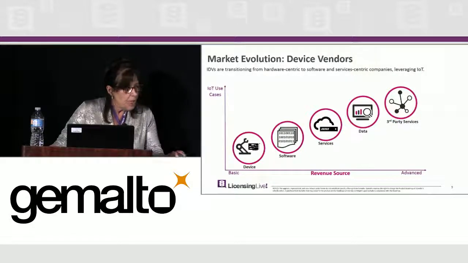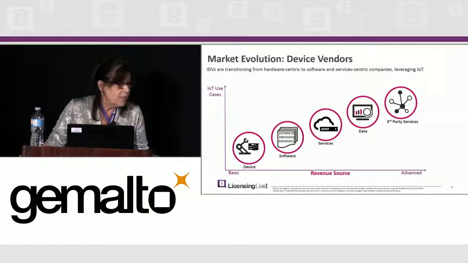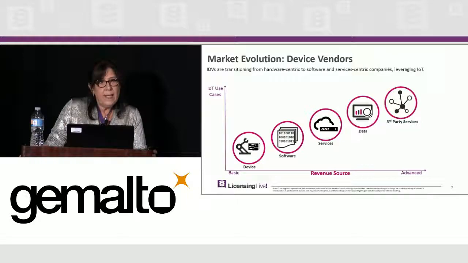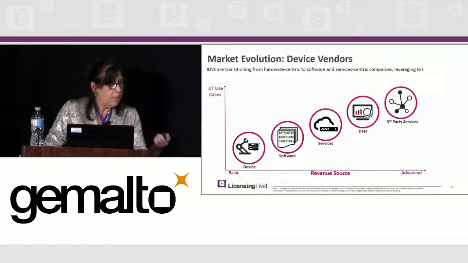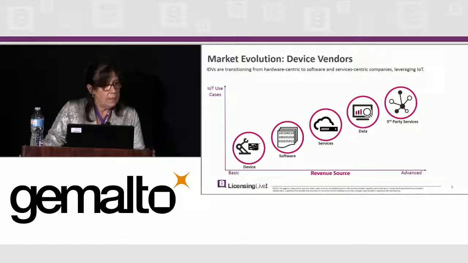So if you look at the chart, revenue initially comes from selling the hardware itself. And then vendors realize that the embedded software has value and it can be sold. So some of them are already licensing software, turning features on and off. And we're also seeing some that are selling solutions with software and service.